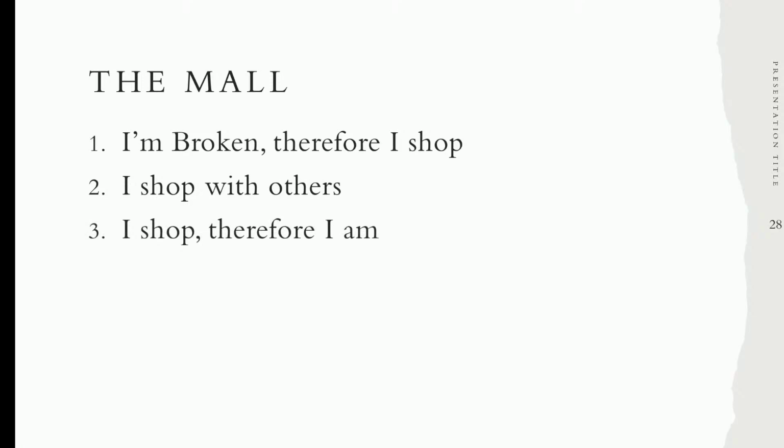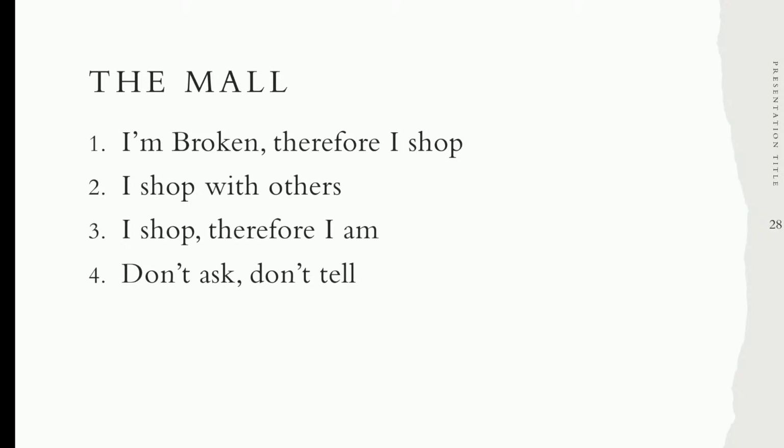I shop with others. I shop, therefore I am. Shopping gives me meaning in my life. And the last one didn't have an I in it, but it was in the same vein: don't ask, don't tell. You can look those up, and that's what is being referred to in the prompt.